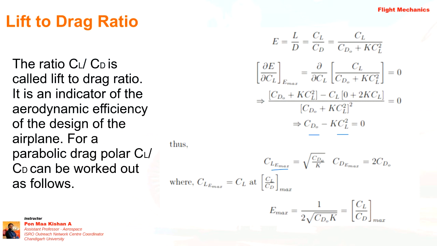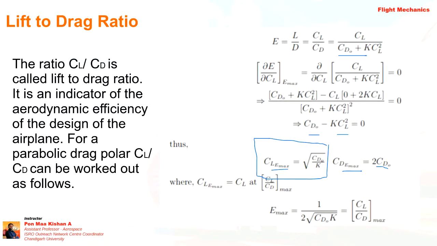So this equation indicates that if I want to get better aerodynamic efficiency, then I have to fly with the CL of root CD naught by K. If I am flying like that, then I can get good aerodynamic efficiency, and the drag has to be reduced to 2 CD naught. So how is this 2 CD naught coming?